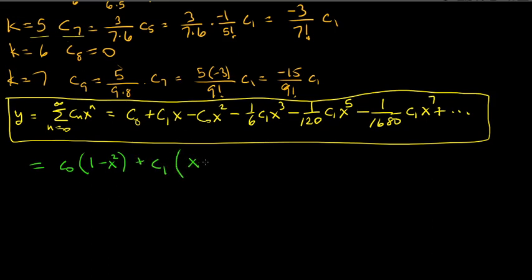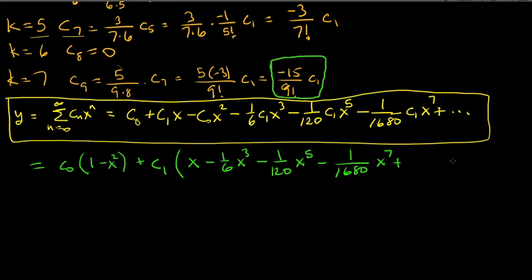So we have an x, we have minus 1/6 x cubed, minus 1 over 120 times x to the 5, minus 1 over 1680 times x to the 7, and the next term is probably minus. Well, we do have x to the 9th, right? It's this one here.